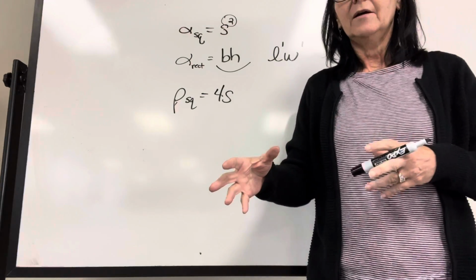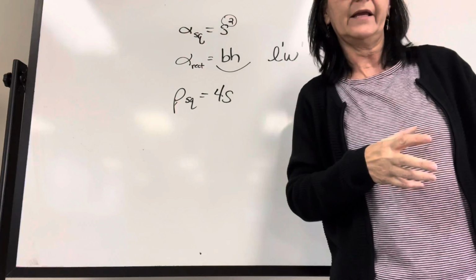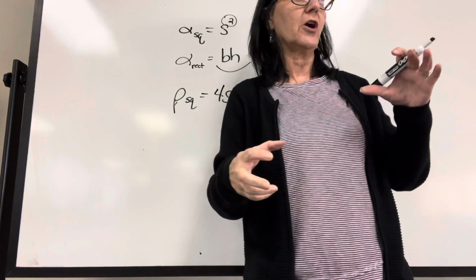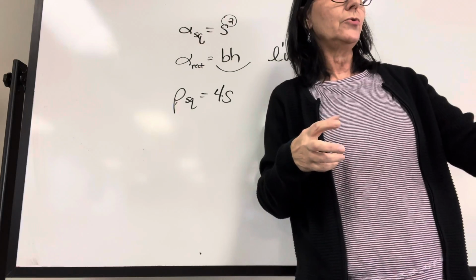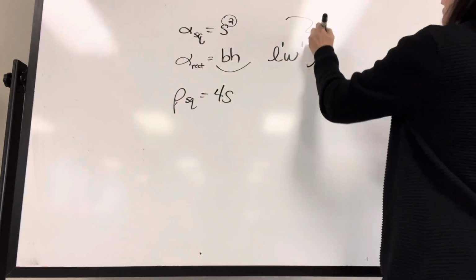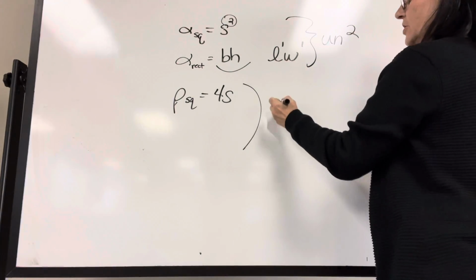Perimeter is 1 dimension. The degree of your term is 1 degree. Area is 2-dimensional. The degree of the term is 2. So that you end up with something units squared. With perimeter, it's just units.